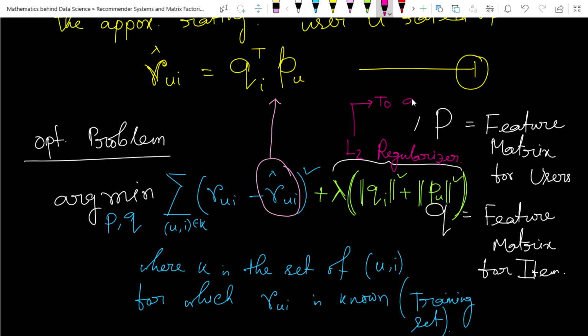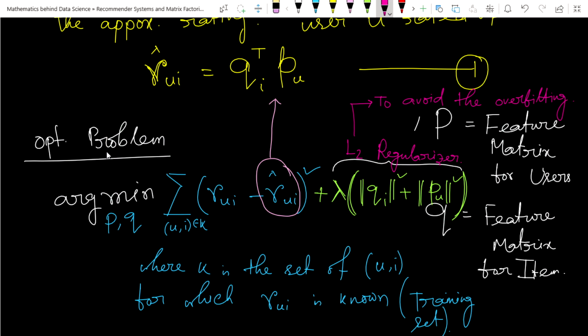We will use this regularizer term to avoid overfitting. Okay, that's the objective function. That is the optimization problem that we have to solve here.